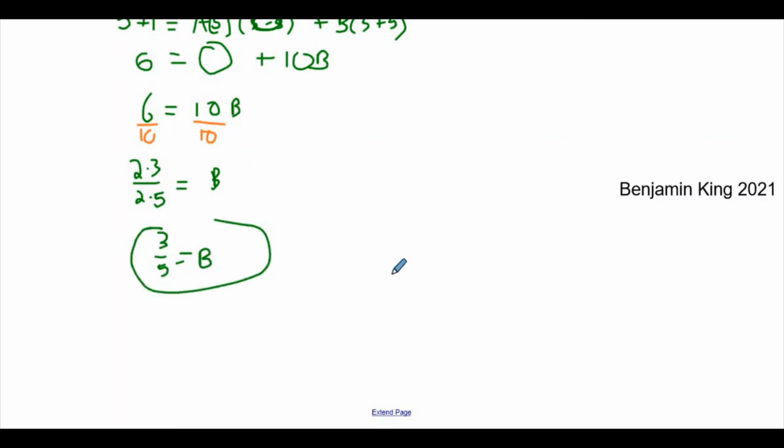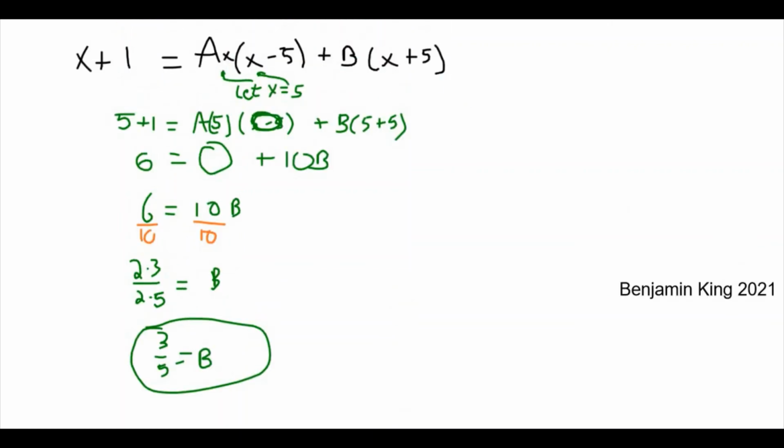All right, so there's our b value, and if I cancel out b by letting x equal negative 5, that will cancel out the b term, right? Because b will now be b times negative 5 plus 5. So that is now zeroed out.